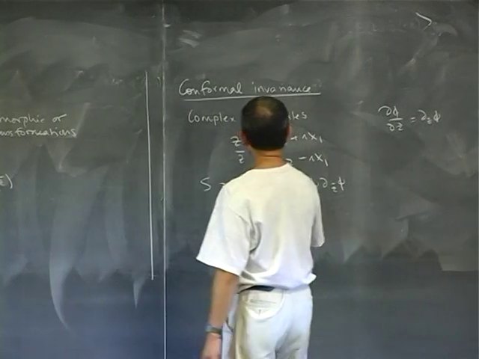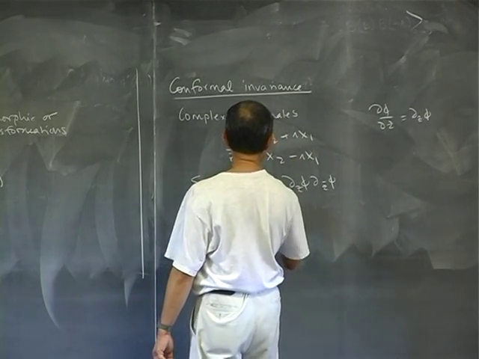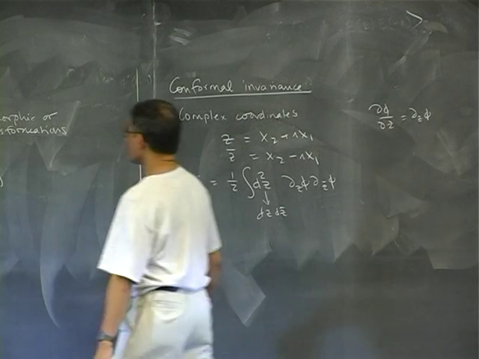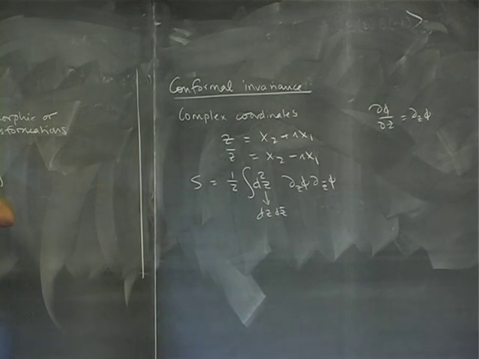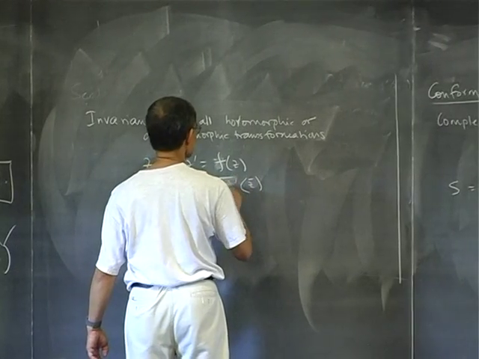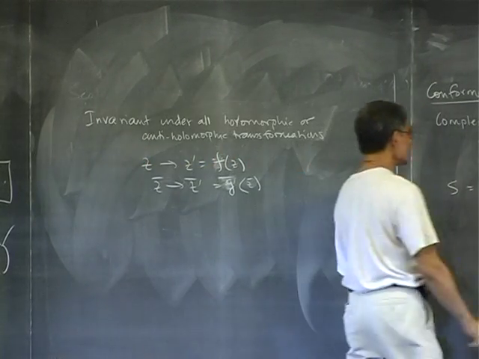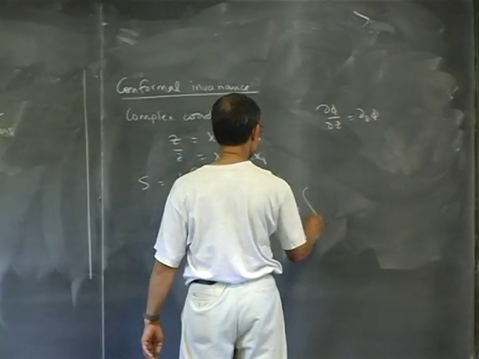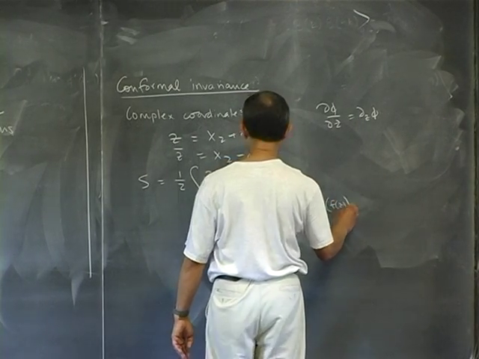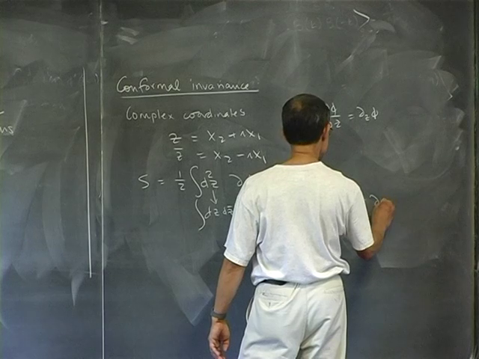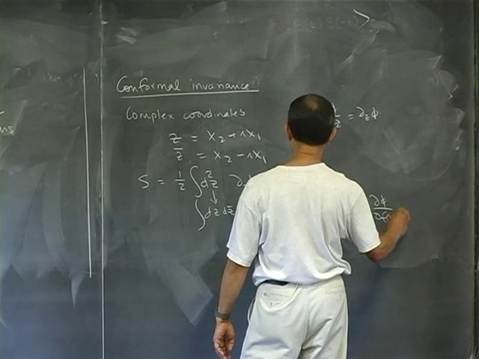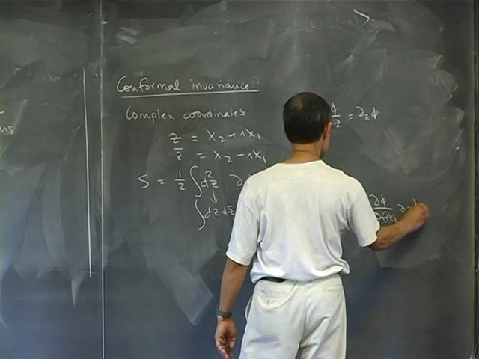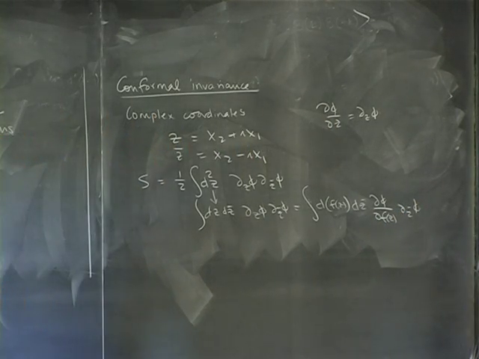So, then clearly this thing is like dz dz bar. So, if I replace z by some function f and z bar by some function g, it is clear that dz phi dz bar phi is integral df of z, dz bar d phi, df of z, dz bar phi, if I keep z bar the same, and similarly if I do not do anything to z but something to z bar, the same thing will happen.